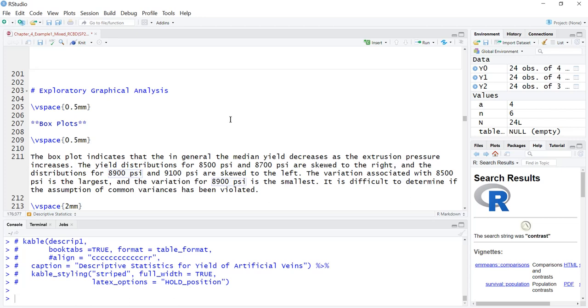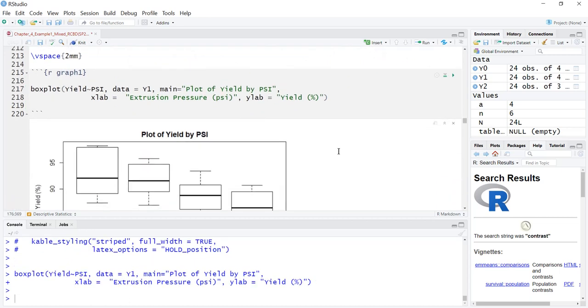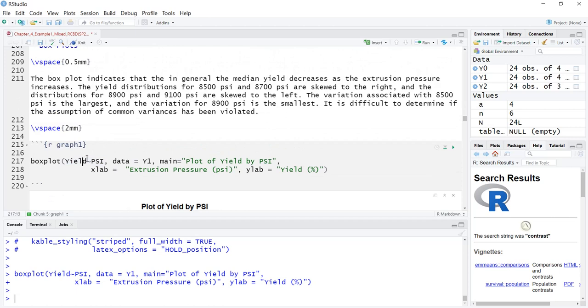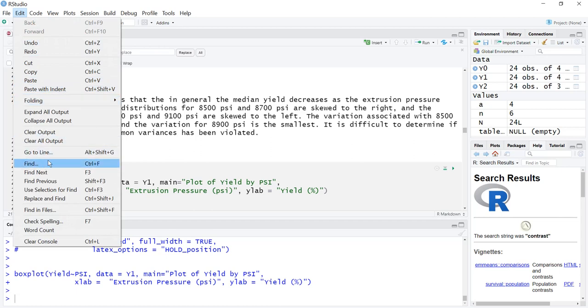For the projects, choose which one you think tells the best story. So the box plots are here. Again, everywhere you go, you're going to have to change these variables to match the names. One of the ways to do that is to hit Control F to find. You can also come up to Edit and Find.